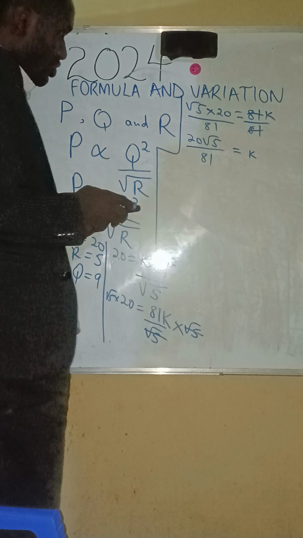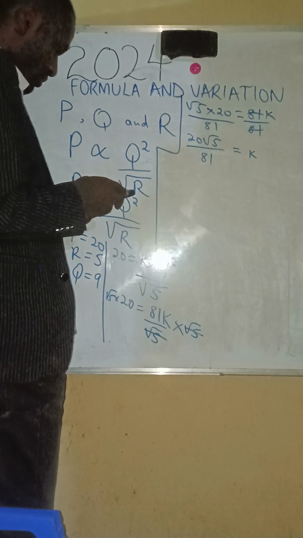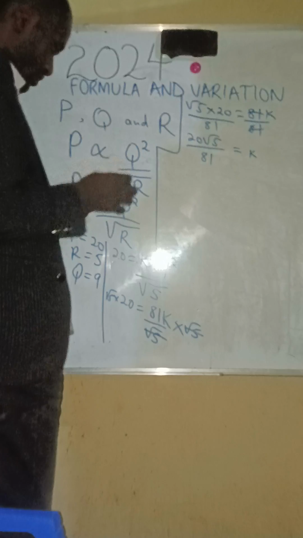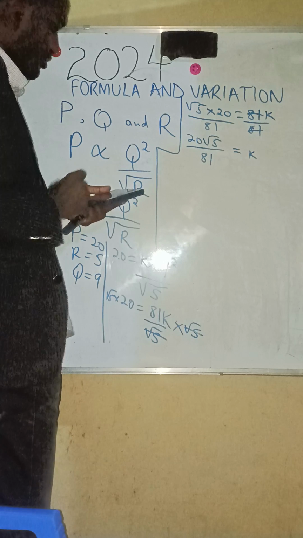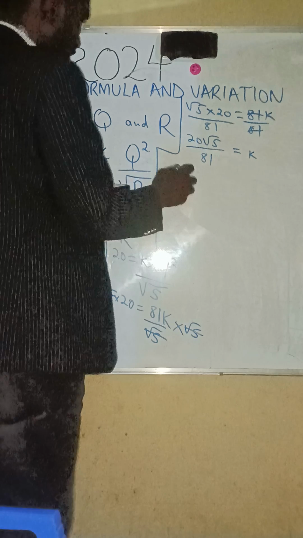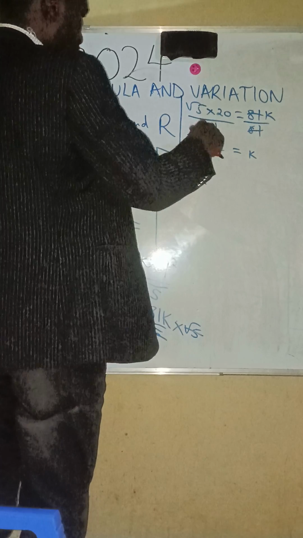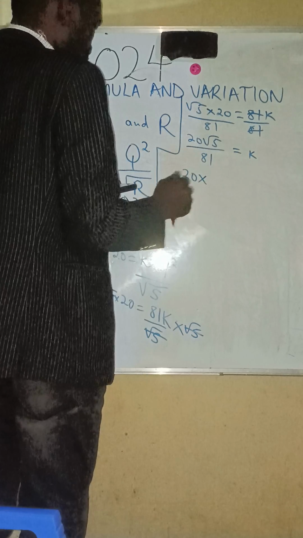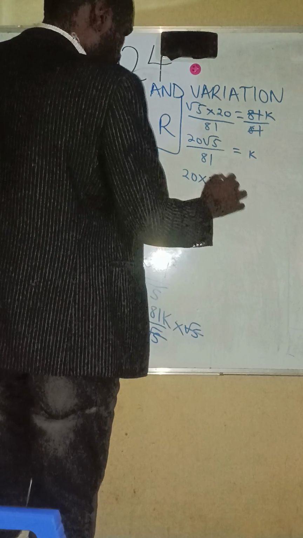The square root of 5 is 2.23606. So you get the square root of 5, then times 20, not the square root of 20.